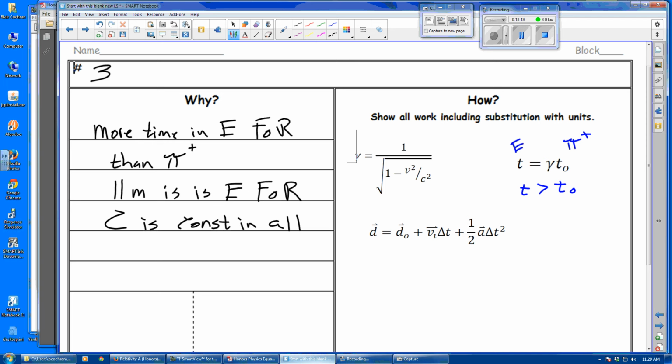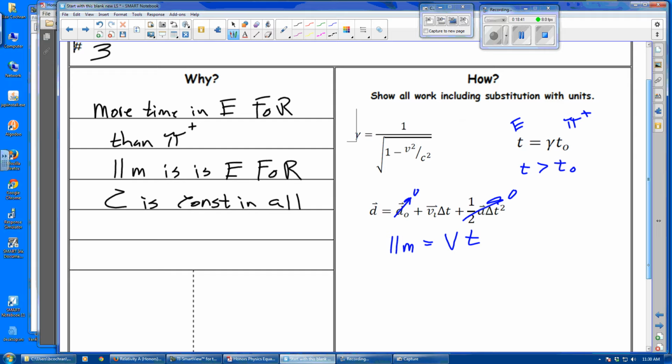So in the Earth's frame of reference here, we can call d naught 0. We know it doesn't accelerate, so that goes to 0. We have 11 meters equals whatever speed the pion is going for the amount of time, and the variable in the Earth's frame of reference is t. All right?